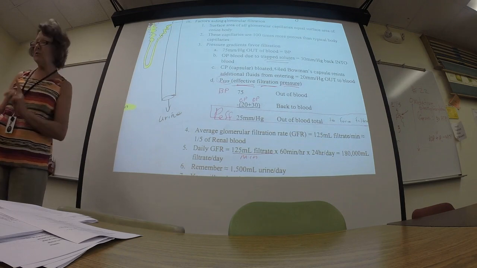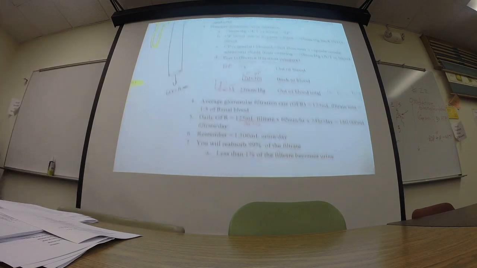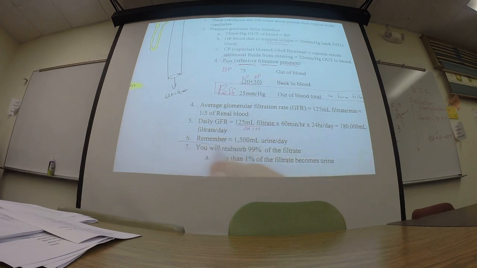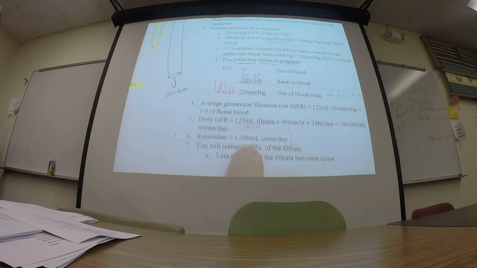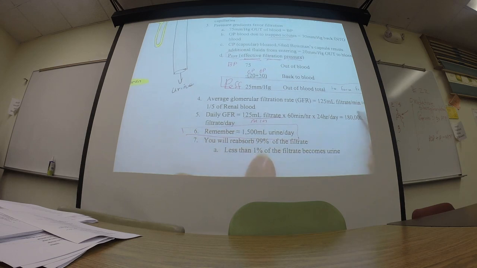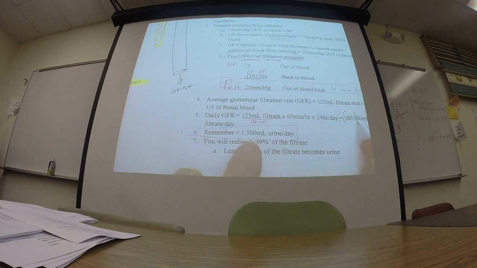Who cares? Well, if that's how much you make in a day, you know how much urine you make in a day. 1,400 to 1,500 mLs in a day, remember? What would you have to divide this by to get anywhere close to 1,500? You'd have to lose 2 zeros, right?